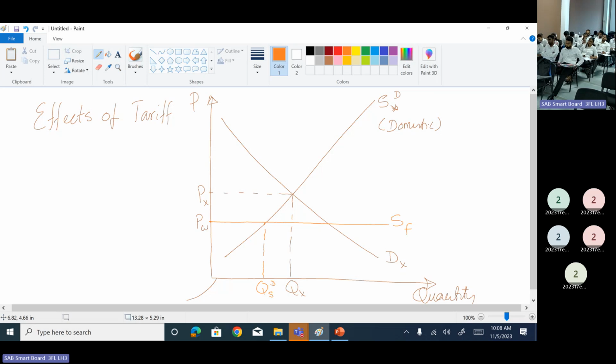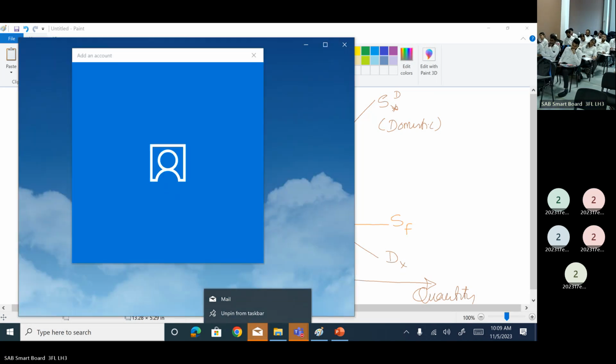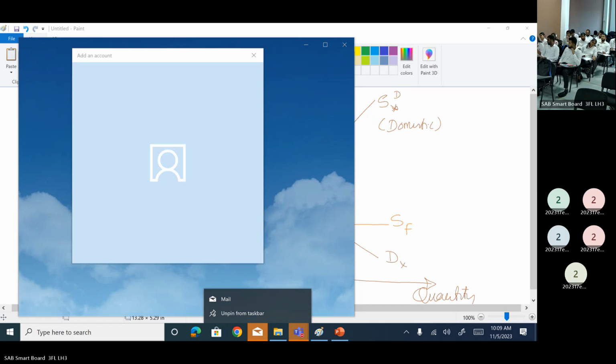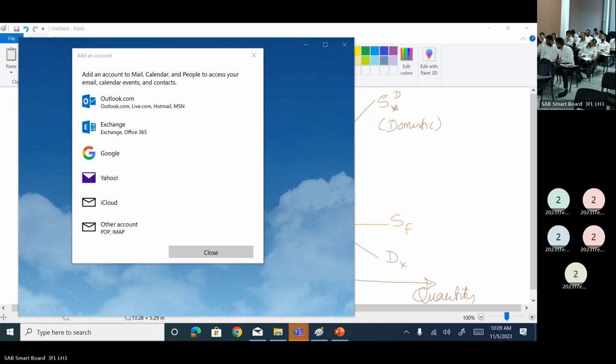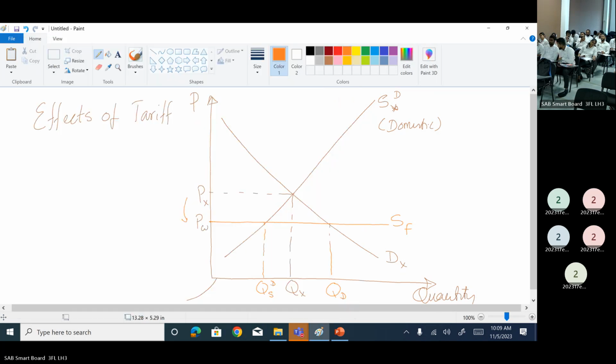But at a lower price there is high demand. Price reduced, demand increases. This is the demand for this product, and this is the local supply.